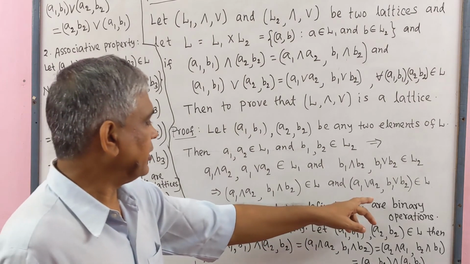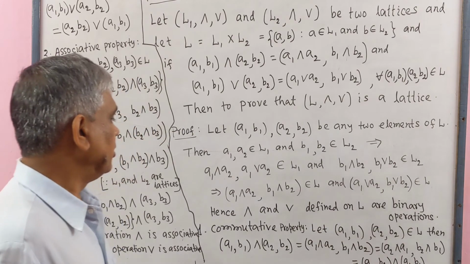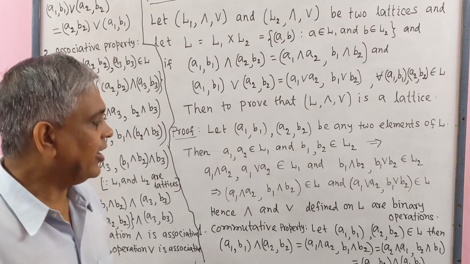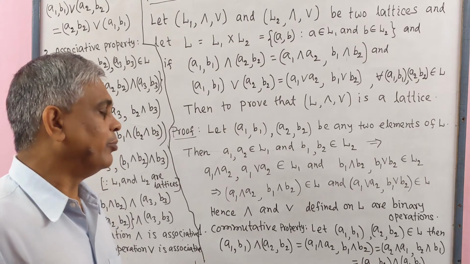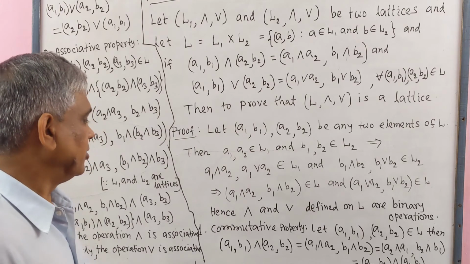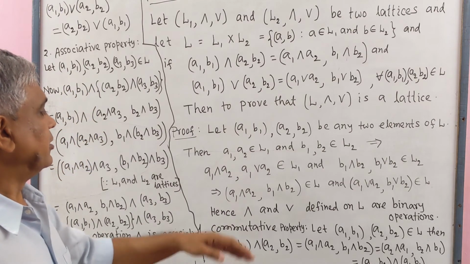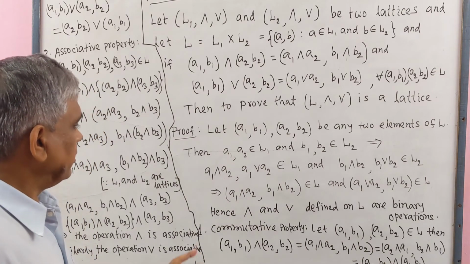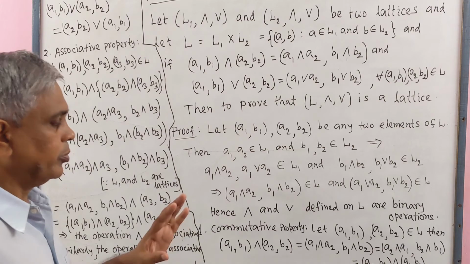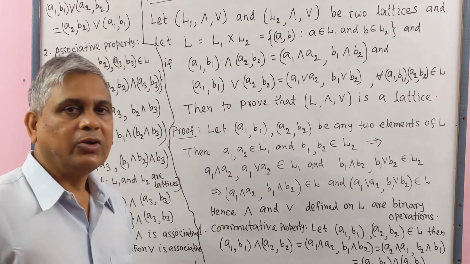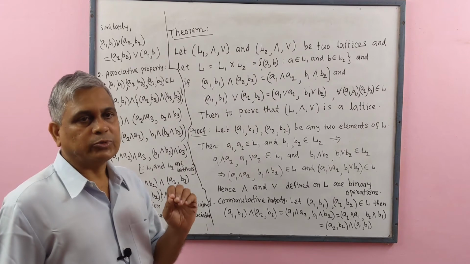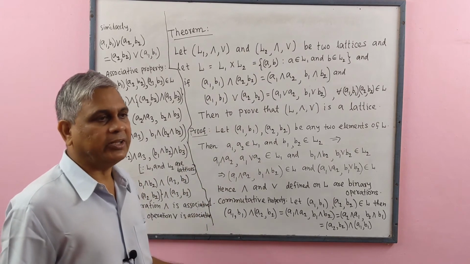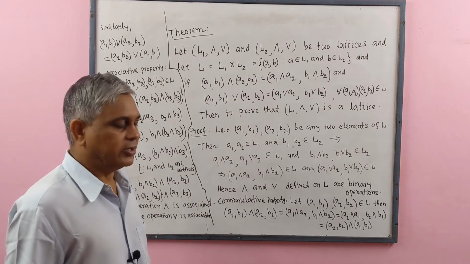Similarly, the case for join. Hence, meet and join defined on L are binary operations. That means they belong to L. Now we prove that L is a lattice. For this, we have to show the commutative, associative and absorption properties.